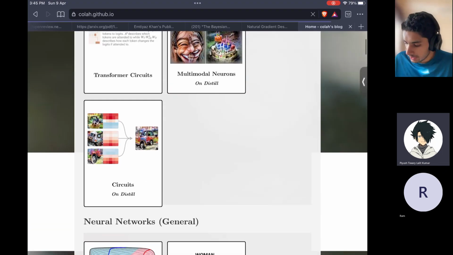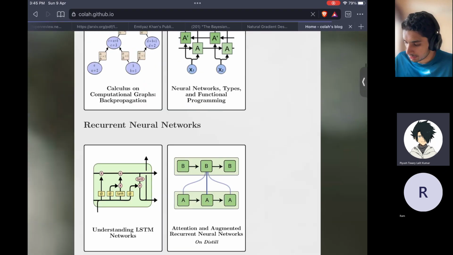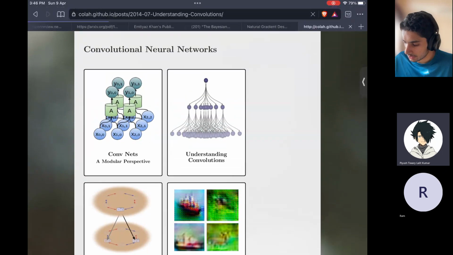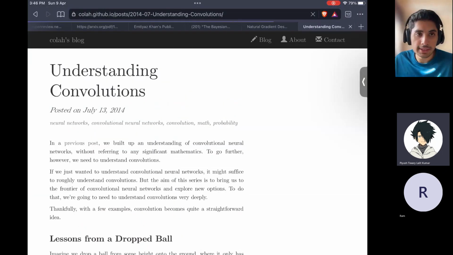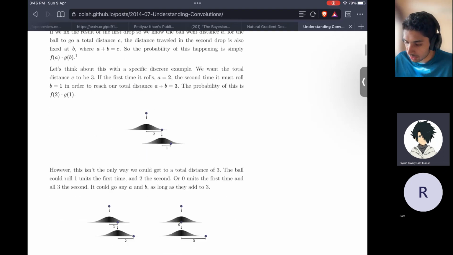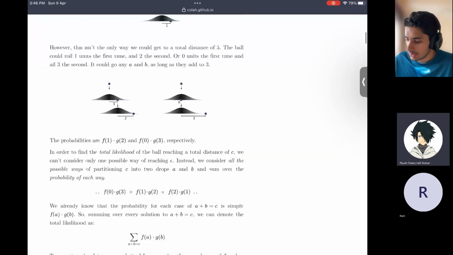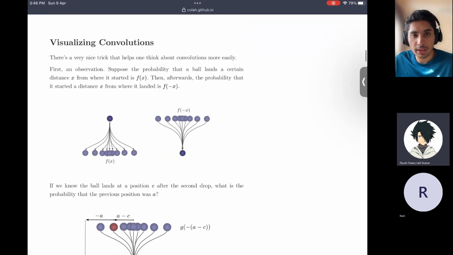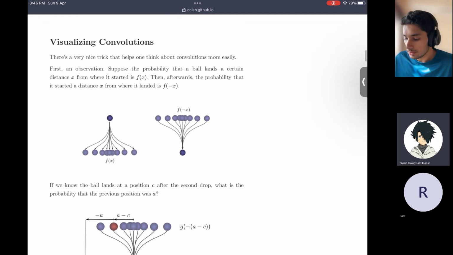There is one post regarding convolutions, Understanding Convolutions, a really nice blog written by Christopher Olah. I think he is working at Anthropic AI; earlier he was at OpenAI.